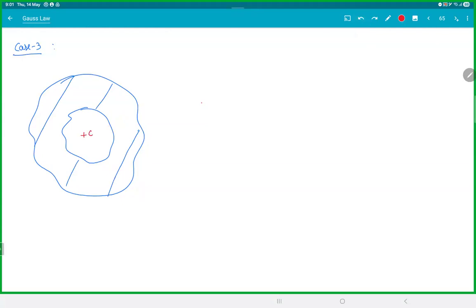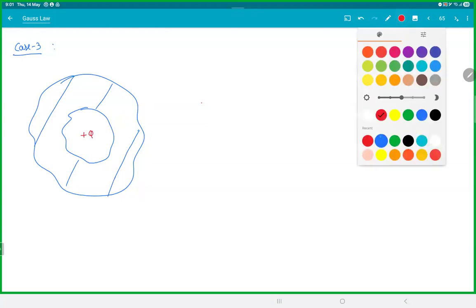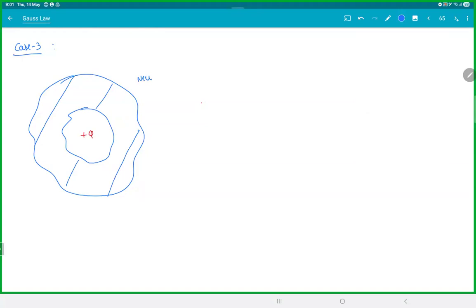So we kept a Q suspended somewhere in the air. This is a neutral conductor. So the conductor has no charge, with a cavity. So you have taken a case where now what happens if you have a charge Q inside a cavity?